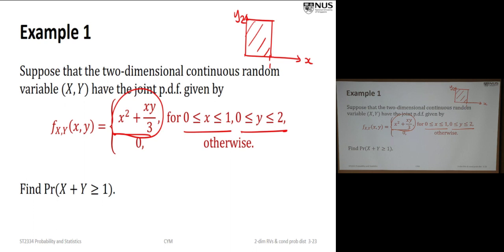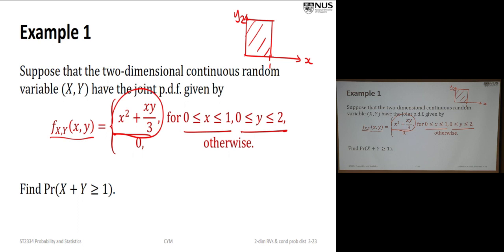Before we find the probability of x plus y greater or equal to 1, we try to check whether this is a properly defined joint probability density function. In other words, we have to check two things. First, whether this joint PDF is always greater or equal to 0.